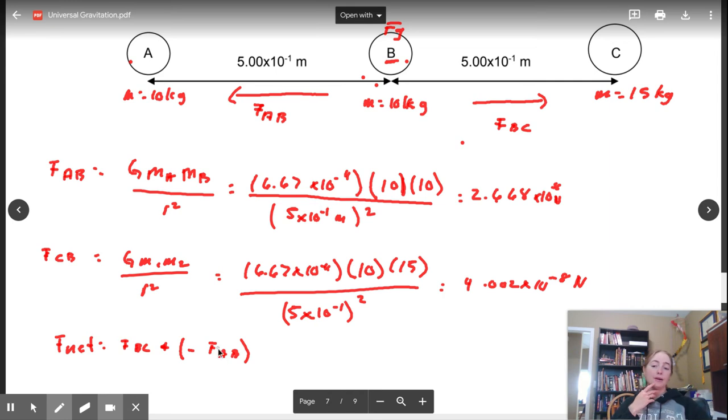Okay. Now, ladies and gentlemen, this is important. You have to make sure you make one of them negative. These are going in opposite directions. I chose to make F_BC my positive number because F_BC or F_CB is a larger force.